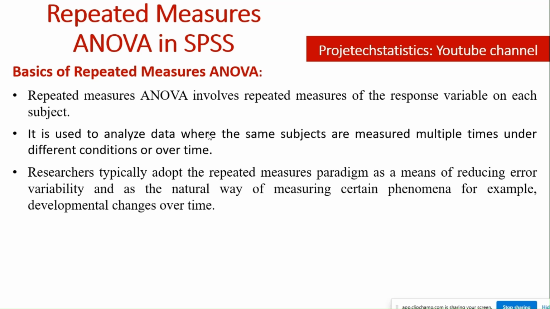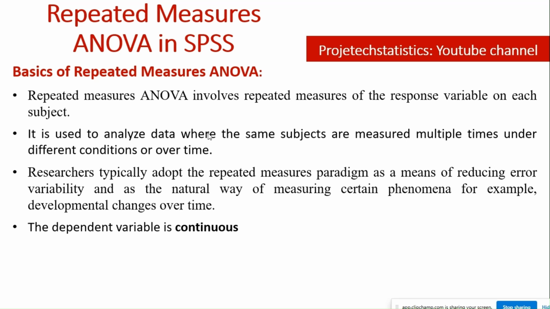Researchers typically adopt the repeated measures paradigm as a means of reducing error variability and also as a natural way of measuring certain phenomena, for example, developmental changes over time.